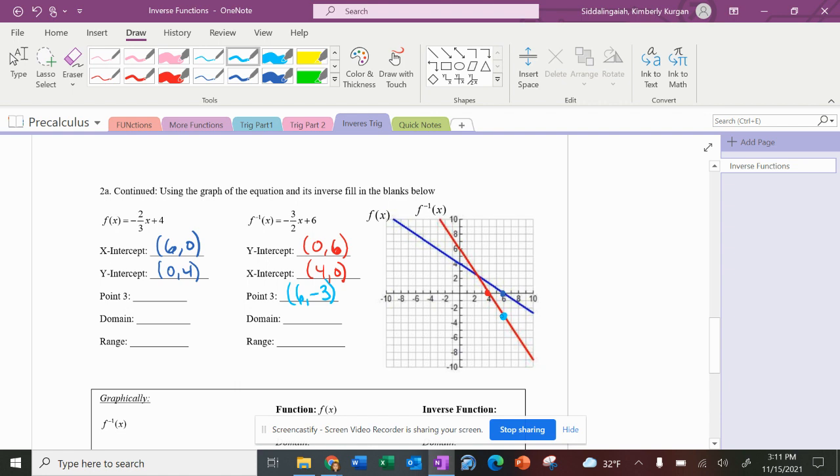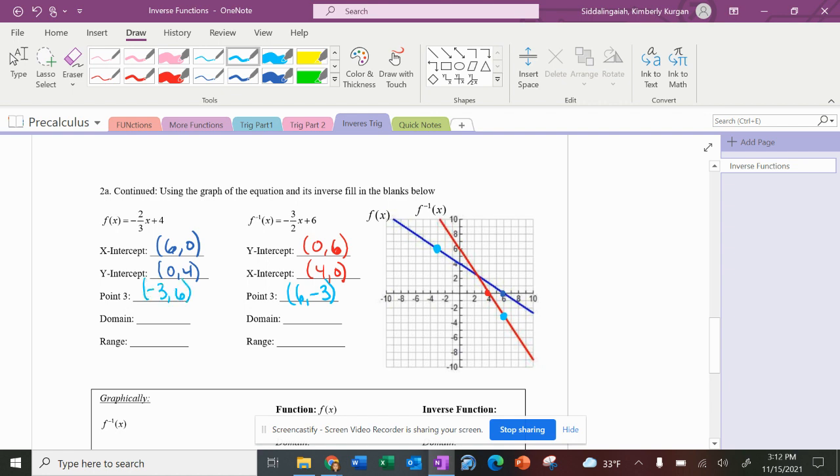Well, you might be already saying, I kind of know what that point is on the blue graph. And that's because maybe you see what's happening here, but when x is negative 3 for the blue graph, the y value is 6.